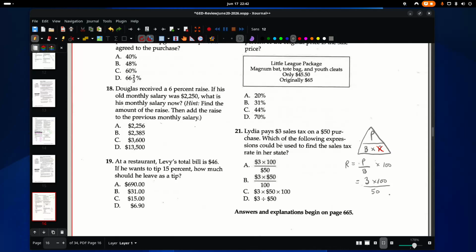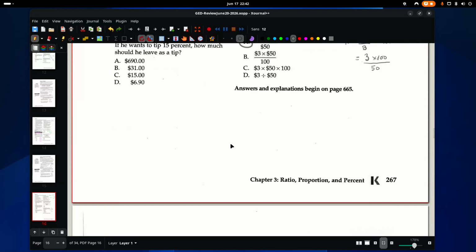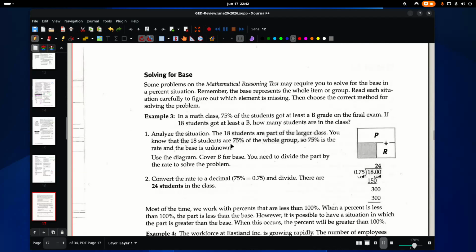We want a percentage, so it's 3 divided by 50, but that's going to give us a decimal number that we multiply by 100 to get that as a percent. So answer A is the best one that I can see, I think. All right, moving along.